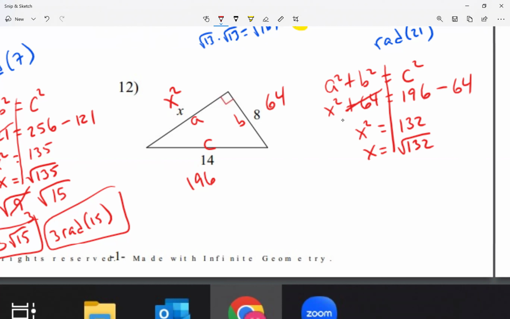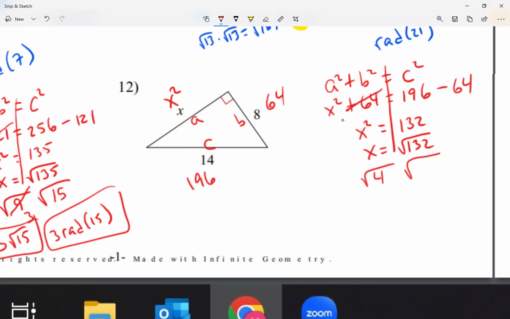Can I simplify this? Can you think of two radicals? Right, so can you think of two numbers that multiplied equal 132? Well, let's see. I know the smallest perfect square that I can use is 4. Can I use the 4?